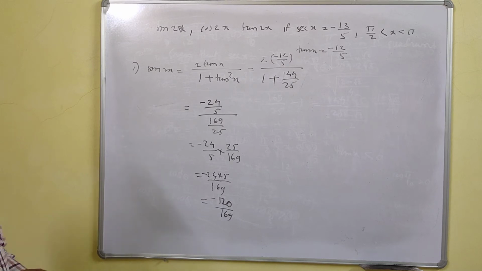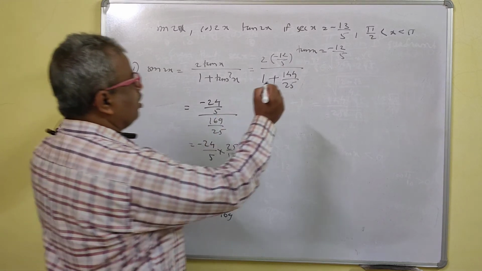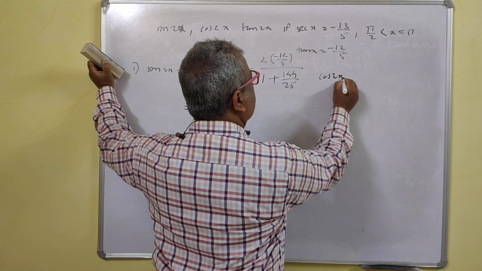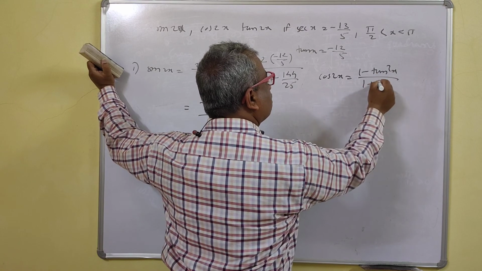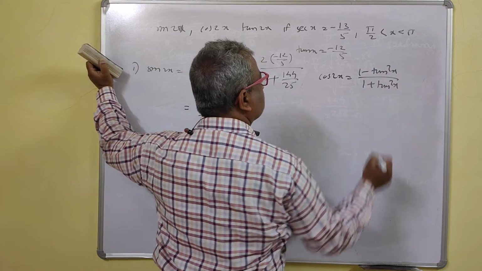Okay. Now similarly find the value of cos twice x. So cos twice x is what? 1 minus tan square x upon 1 plus tan square x.